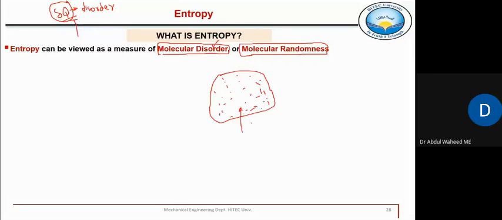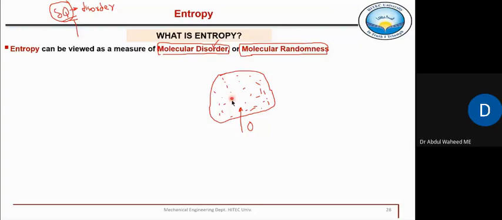As heat is transferred into the system, this disorder will increase. For example, this is one molecule. When the disorder increases, it is difficult to guess its position. Maybe it is here, maybe it is here. In the next instant, it is here. In the next instant, it is here. So the higher the disorder, the less likely the molecule is to be found at one particular position.